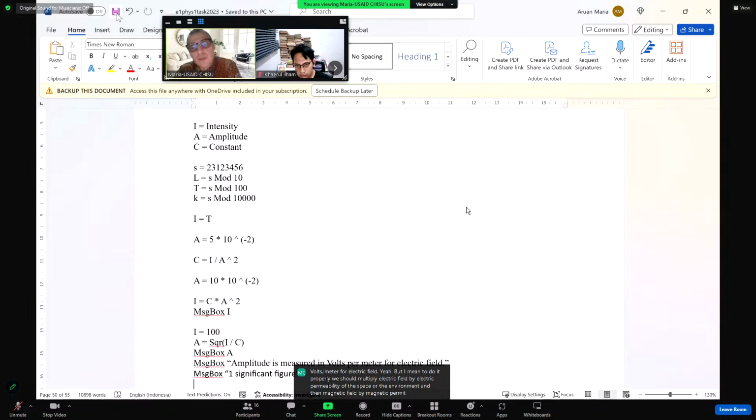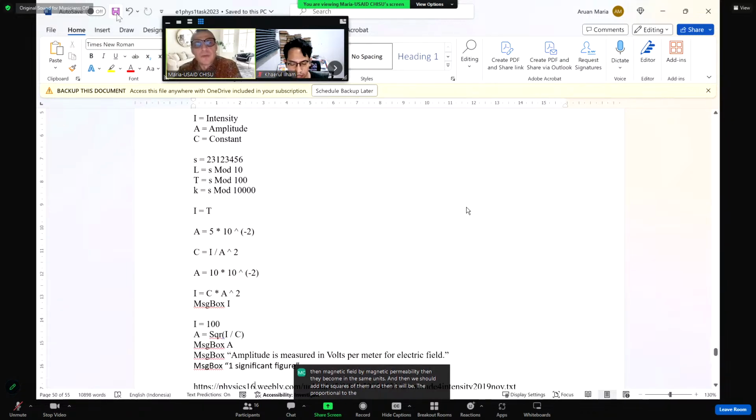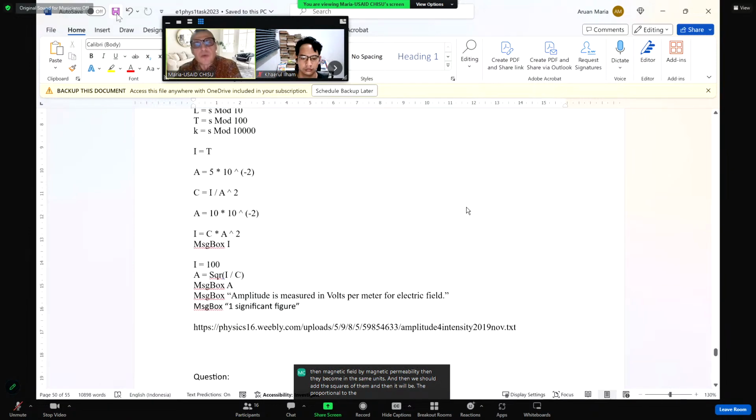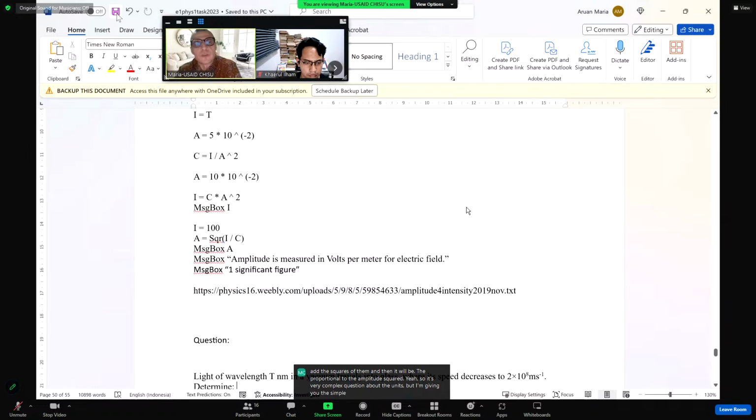Then they become the same units. Then we should add the squares of them, and then it will be directly proportional to the amplitude squared. So it's a very complex question about the units, but I'm giving you the simplified answer.